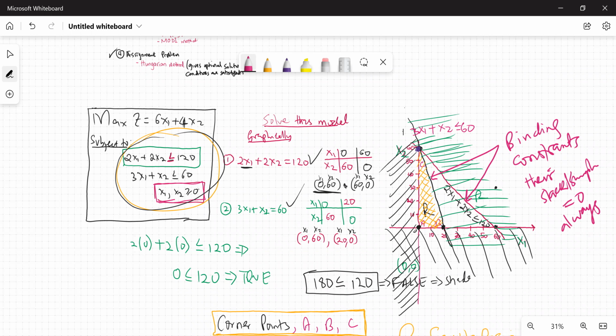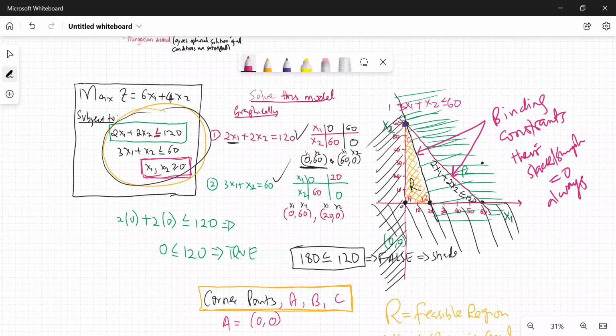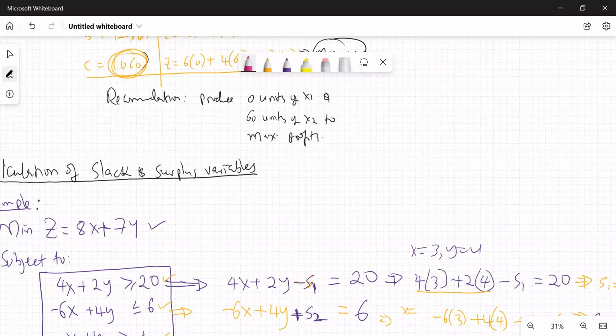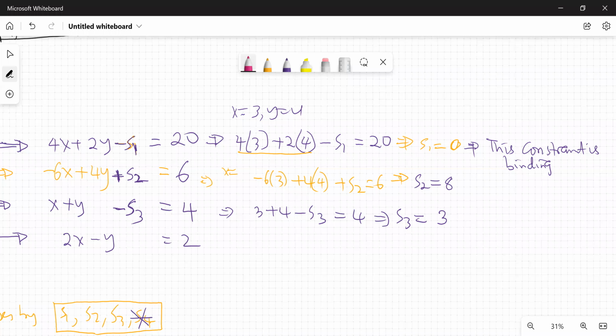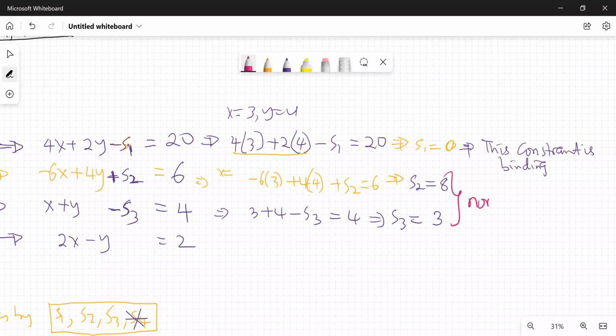And the converse is true. If the slack is non-zero, it means that these constraints are not binding. These are called non-binding constraints.